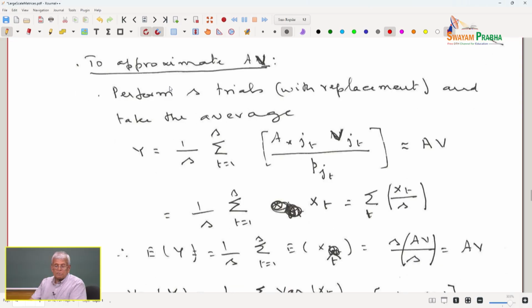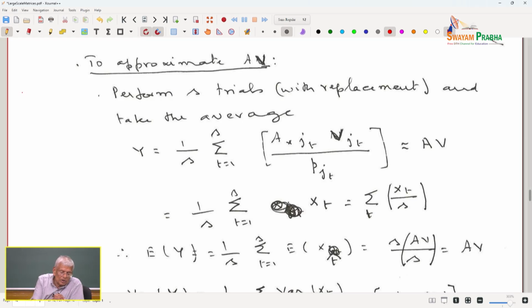So, now I want to come back to the problem I stated. I want to solve that. So, to approximate Av, I want to get a good approximation. For example, I want to give a simple idea and then go from there.